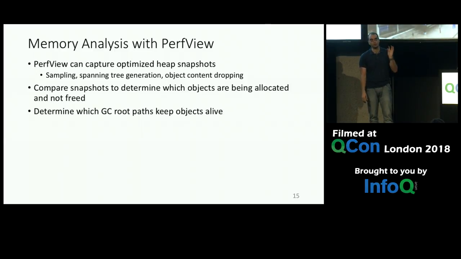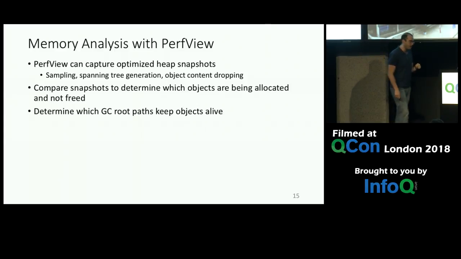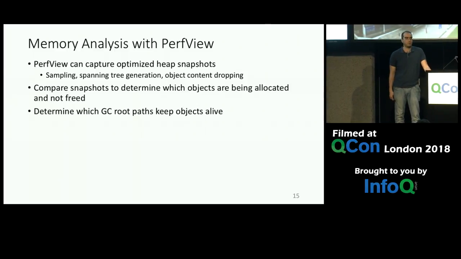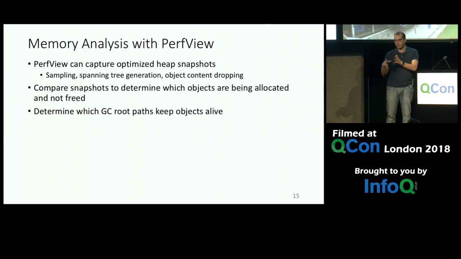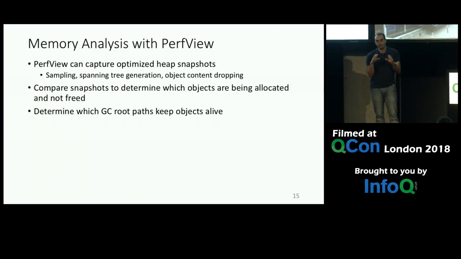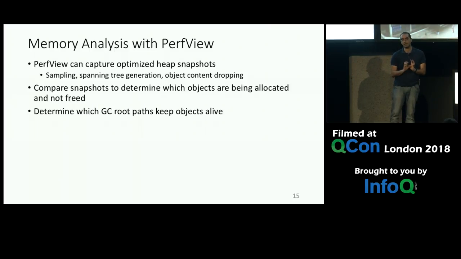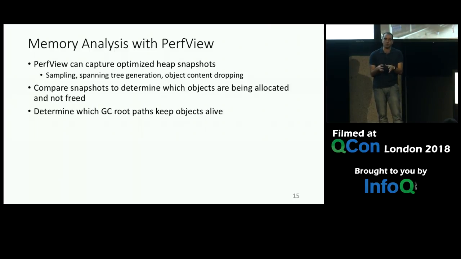You can ask PerfView to capture a snapshot of the heap and then figure out what objects are taking lots of space. Now, this is pretty cool in itself, because there's a bunch of commercial memory profilers where you have to pay for a license to get basically the same functionality, but it's even better than that, because PerfView has its own snapshot format, which in a lot of cases is like 1% of the size of what you'd get from other tools, because it has a lot of techniques for compressing the snapshot, discarding specific objects, discarding object contents, discarding garbage objects.